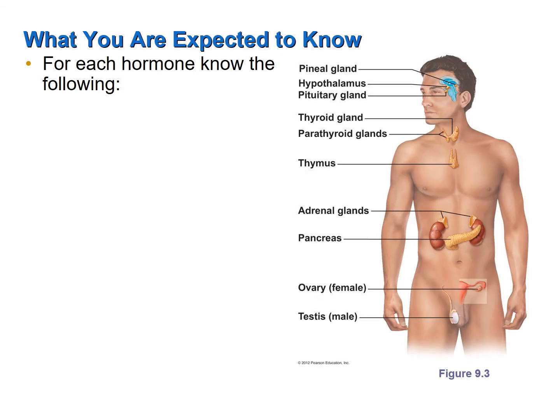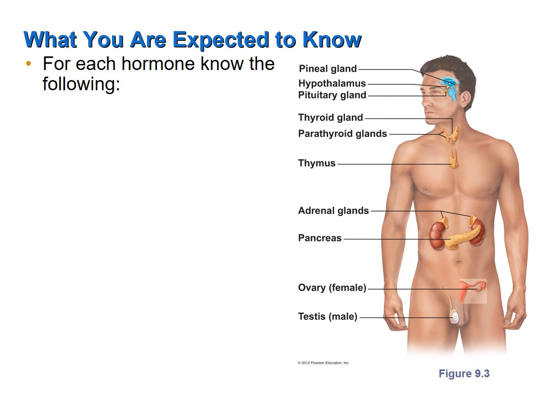Now that you have been introduced to the endocrine system, you know what a hormone is, you know what stimulates a hormone to be secreted, and you know how hormone secretion is regulated. For the remainder of this module, we will discuss different hormones.